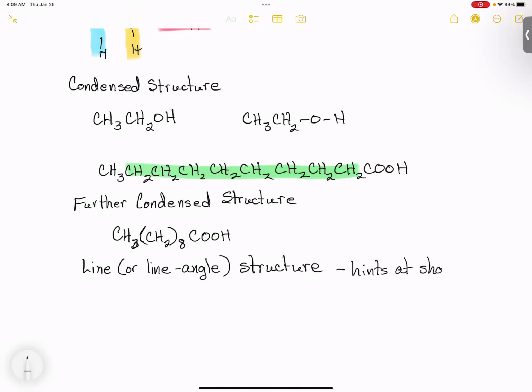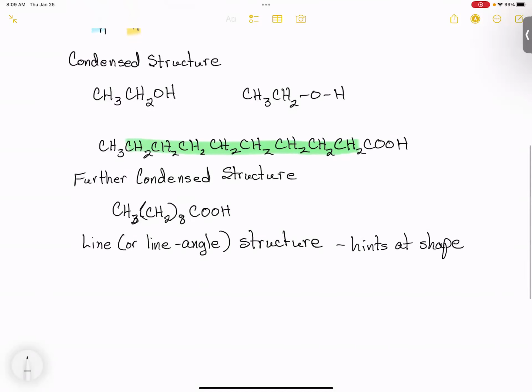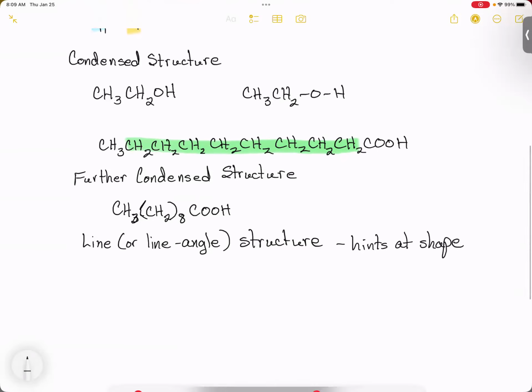It is not going to tell you, oh, it's tetrahedral. Oh, it's trigonal planar. It just starts to hint at what the shape is. Now, with this, the reason it is so much easier is because the end of a line, so when you have this type of structure, the first thing you need to know is that each carbon-carbon bond is represented as a line.